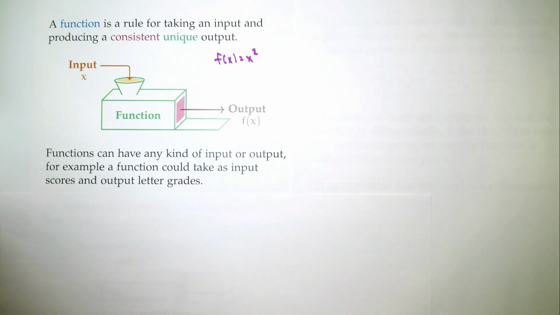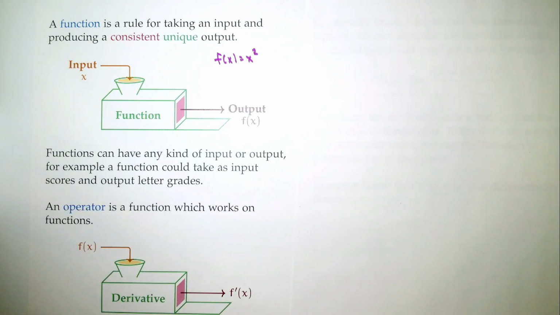But, all right, so one of the things we can do, and maybe it's not the most obvious thing, is to say, wait a second, if I can put anything in, how about I put in just a function? Is that allowed? And the answer is yes, you can actually do that. So there's something called an operator. So from time to time you'll hear something about the derivative operator or the integral operator.